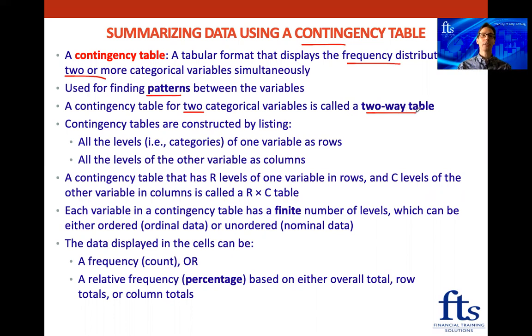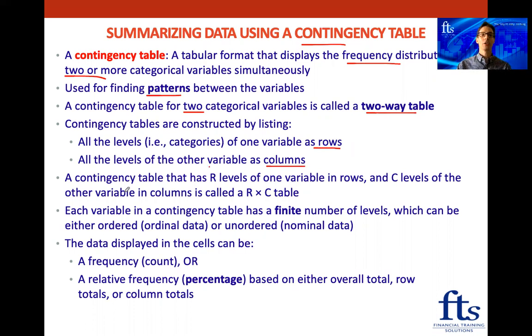Contingency tables can be constructed by listing all the levels, also called the categories, of variables. We're going to list all the levels or categories of one variable as rows, and we're going to list all the levels of the other variable as columns. That's all we're going to do.